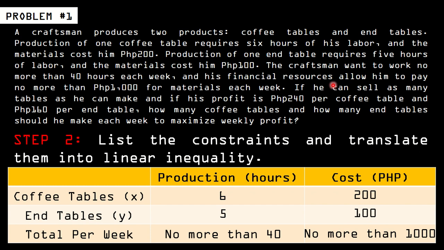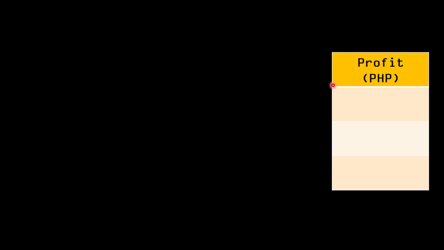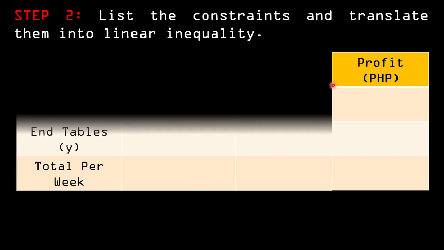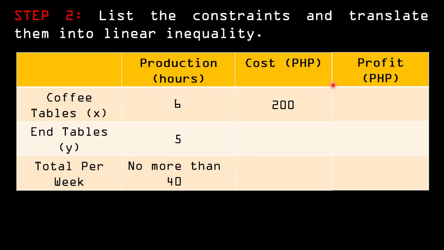Let's include also the profit, for us to have the summary of our problem. Though it is intended for step 3, let's just include that. For the profit, it indicates that for each coffee table, he earns 240 pesos.